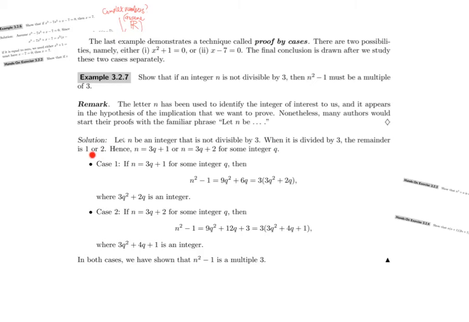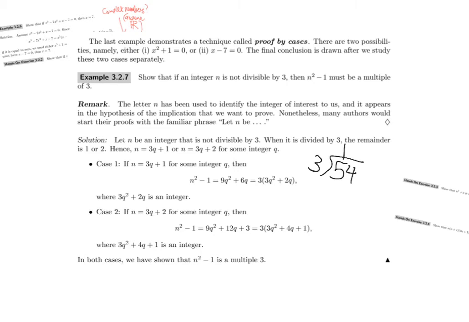So think about that for a second. When I divide any number by 3, the remainder has to be 1 or 2, or it could be 0. It can't be anything more than 2. So if you want to see a quick example, let's do 54 divided by 3.